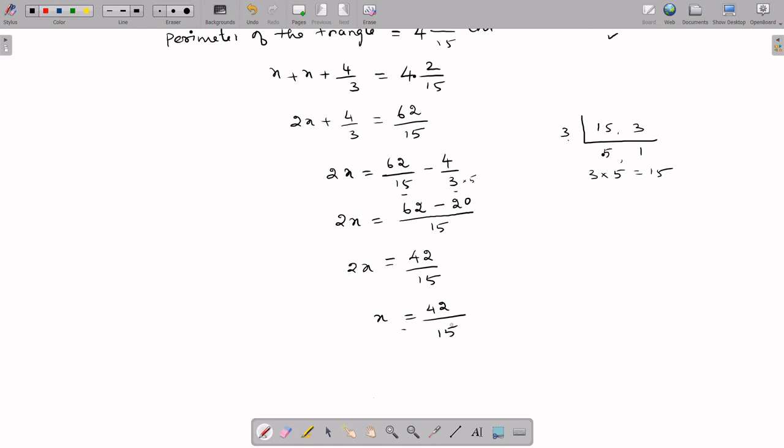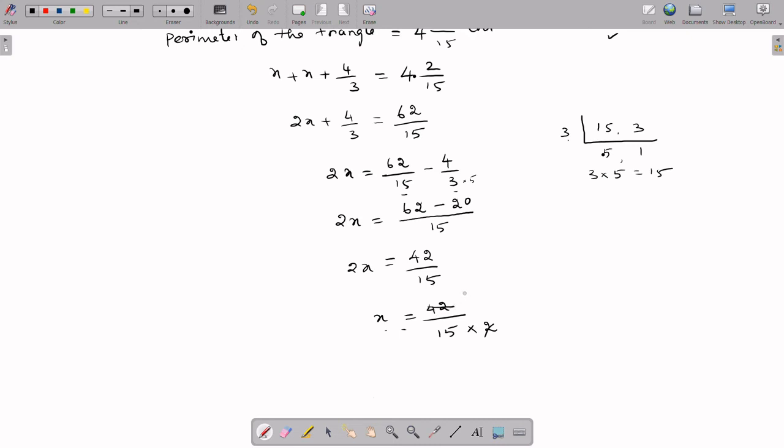What about x? x is equal to 42 divided by 15, with the 2 moved across. When you take this to the other side, x is in a product, so it becomes a division. Multiplication becomes division, and division becomes multiplication when you are transposing numbers.